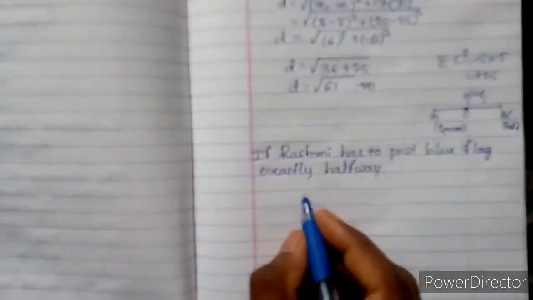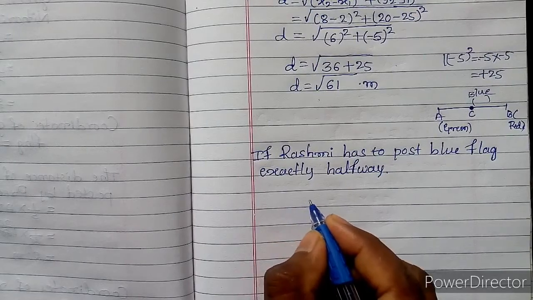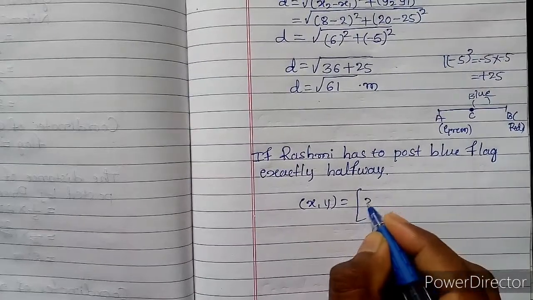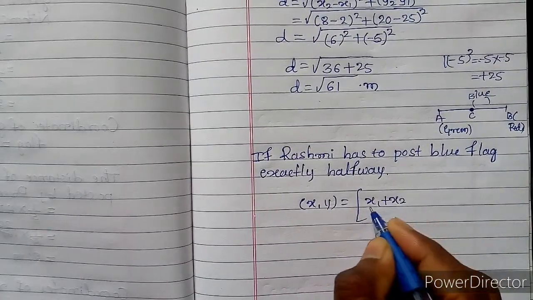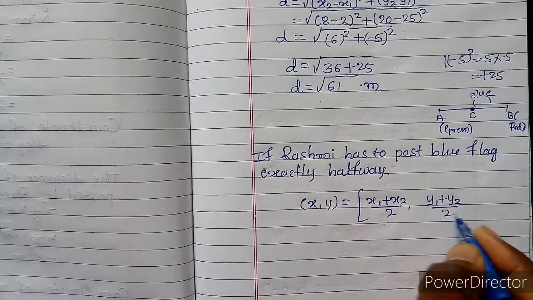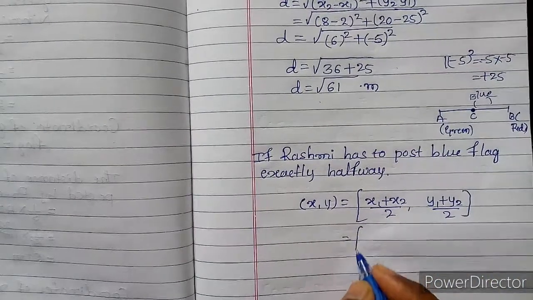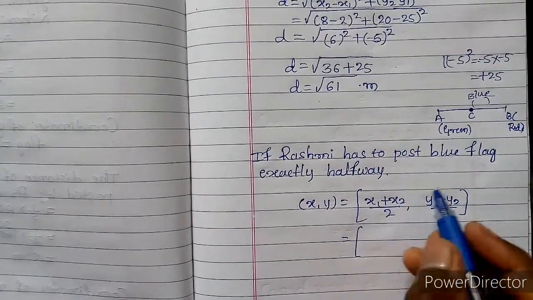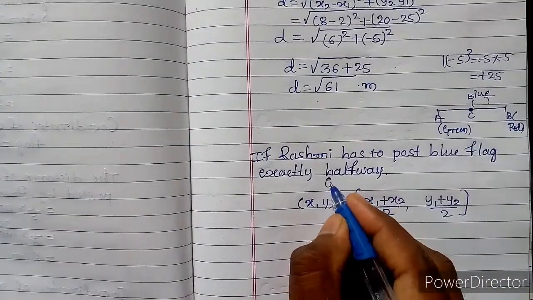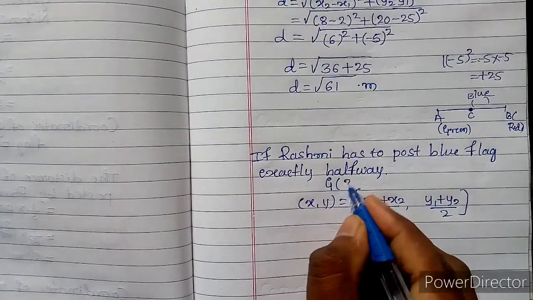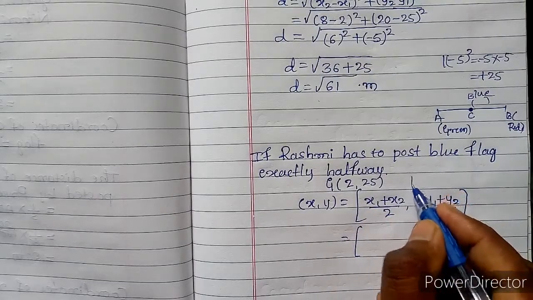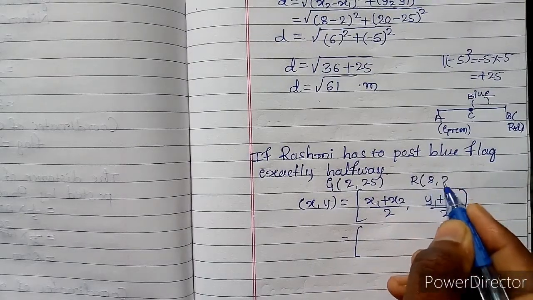By using the midpoint formula, x comma y is equal to (x1 plus x2) dividing by 2 comma (y1 plus y2) dividing by 2. The coordinates of the green flag are 2 comma 25, and the coordinates of the red flag are 8 comma 20.